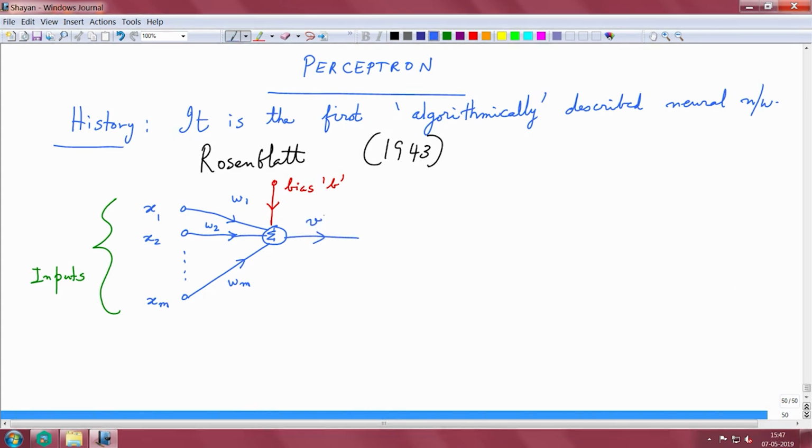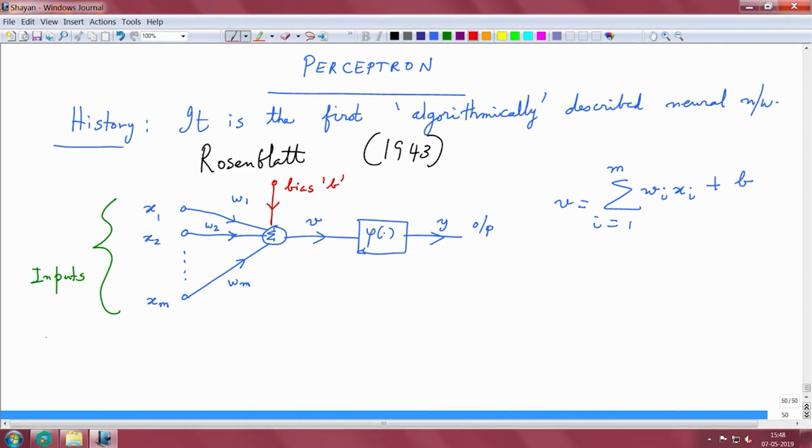We have the local receptive field v that goes through an activation function phi, and we have the output y, right. So, v is basically, if we recall, summation i equals 1 to m of w sub i x i plus bias b.